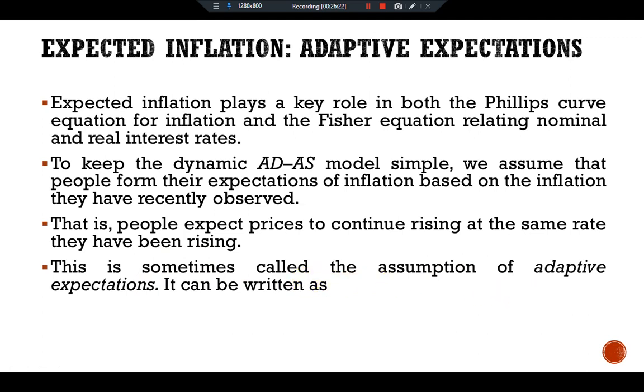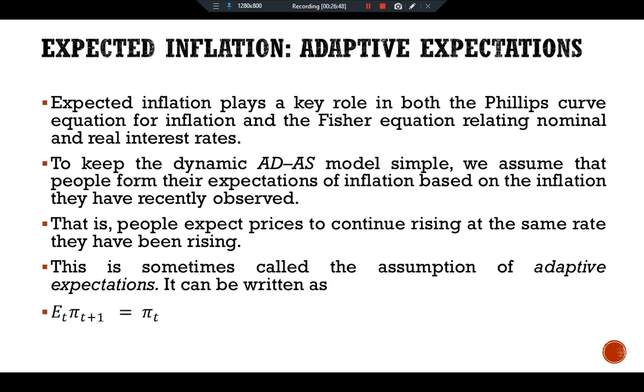It can be written as Et pi t plus 1 is equal to pi t. When forecasting in period t what inflation rate will prevail in period t plus 1, people simply look at inflation in period t and extrapolate it forward.